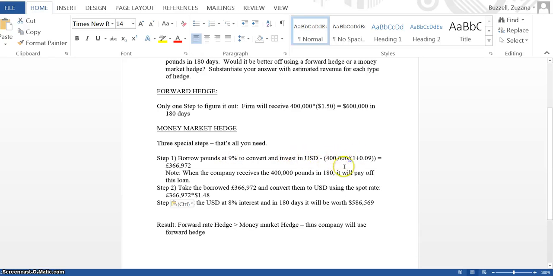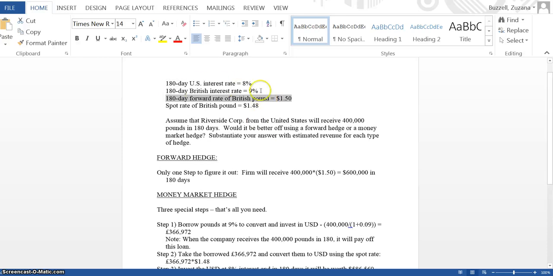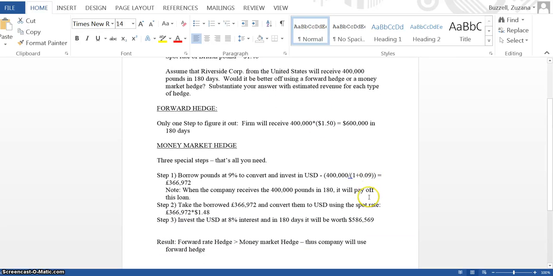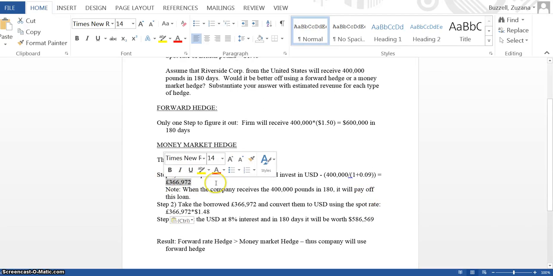So you'll take your 400,000 pounds and divide it by 1 plus 0.09, which is the British interest rate for 180 days. So right now you will have to borrow 366,972 pounds. Now, the company receives back 400,000 pounds in 180 days, so they will be able to pay off the loan without any issues.